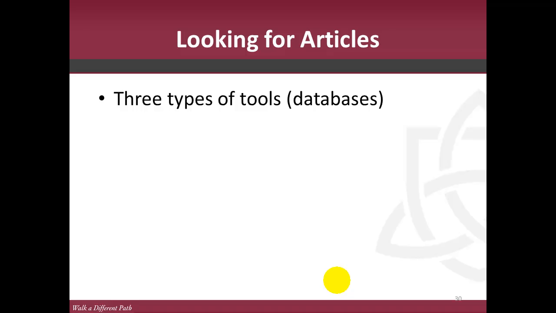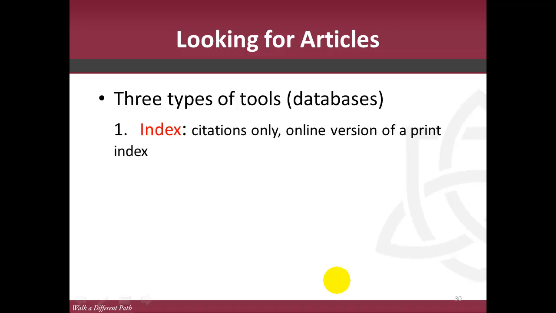Now, the types of tools you'll use when searching for articles in databases: you'll probably see 3 different types of results displayed. Sometimes you'll see an index. An index is basically a listing of the sources or the results of your search.